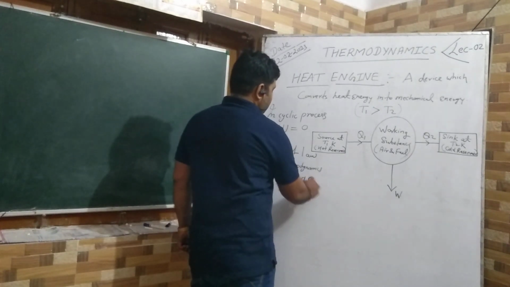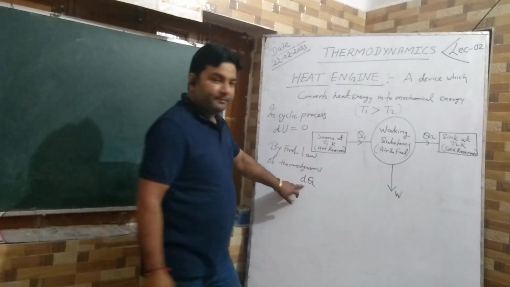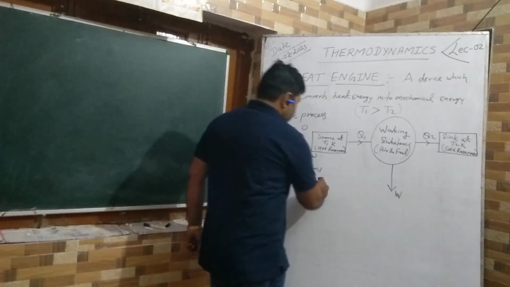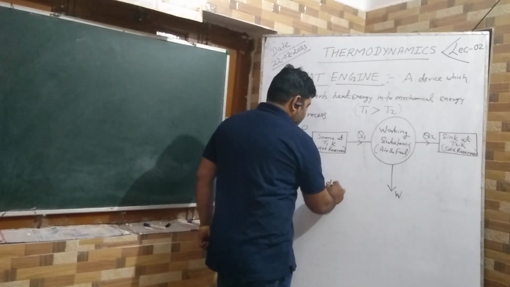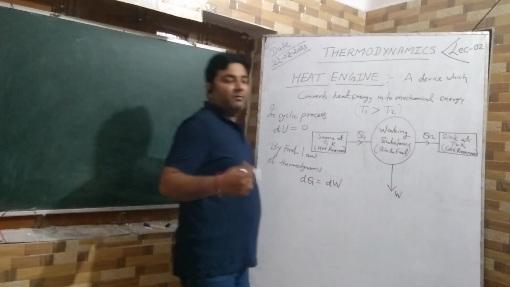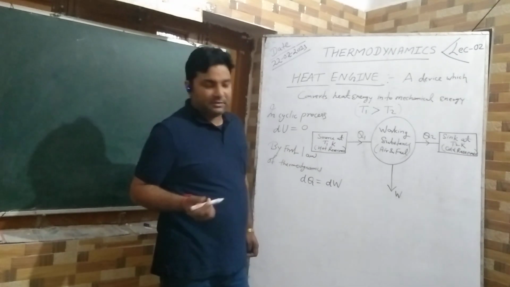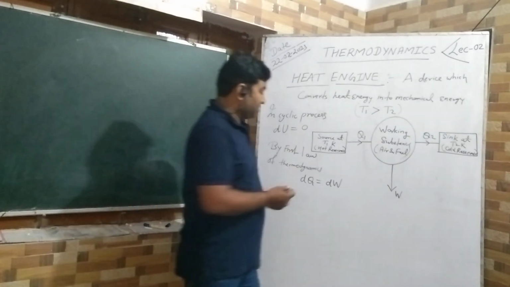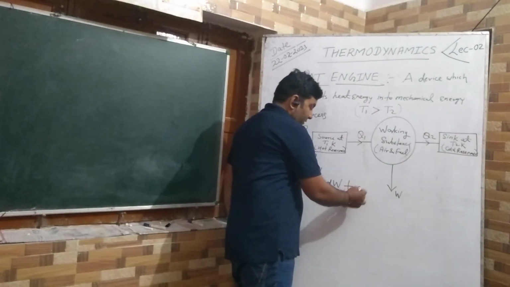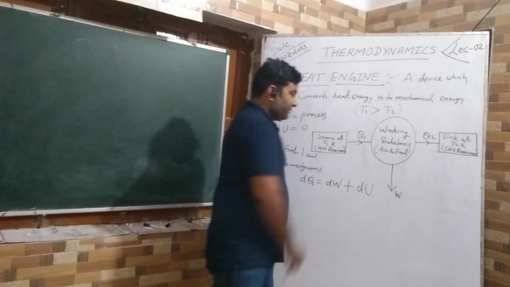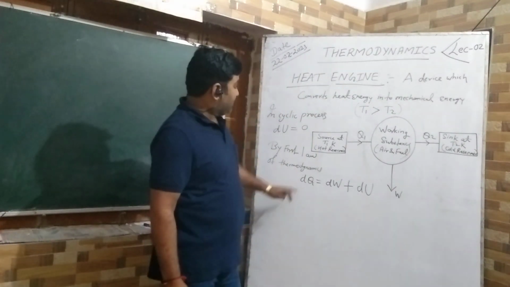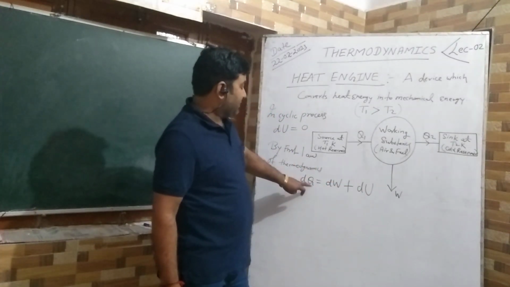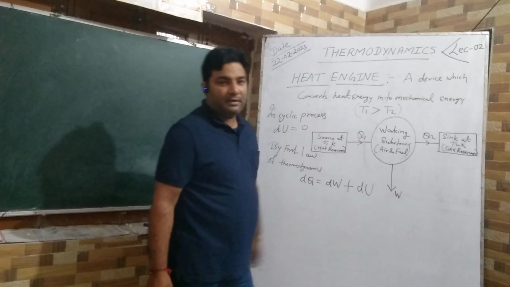This is the energy that you take day by day in the form of food, and you do some work, either by walking or doing some activity, no matter. And then this is dU, that is the development in the body part. This is the first law of thermodynamics, very easy. Heat equals work plus energy.